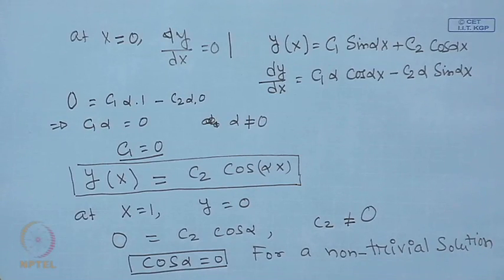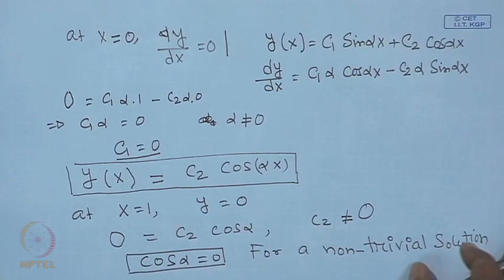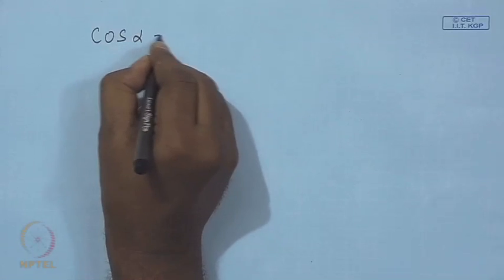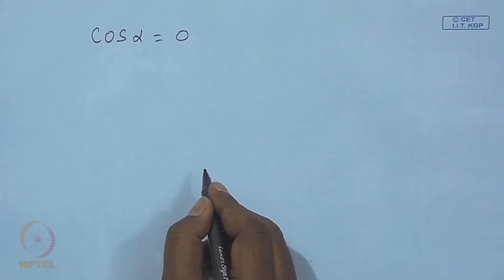If cosine alpha is equal to 0, then let us look into what is the general solution for this equation. We all studied the general solution of sin alpha equal to 0, cosine alpha equal to 0 in our 10+2 standard.